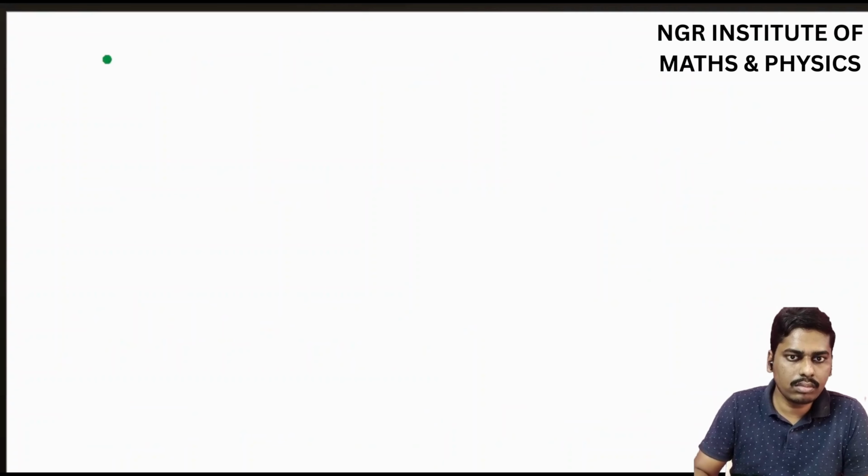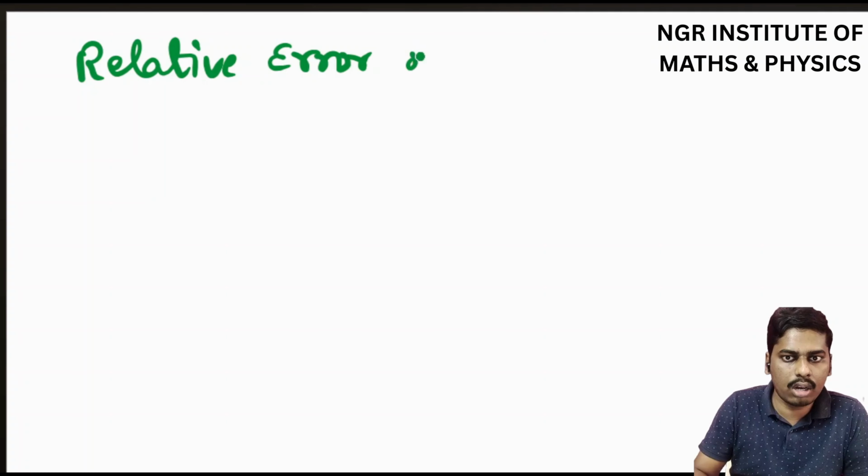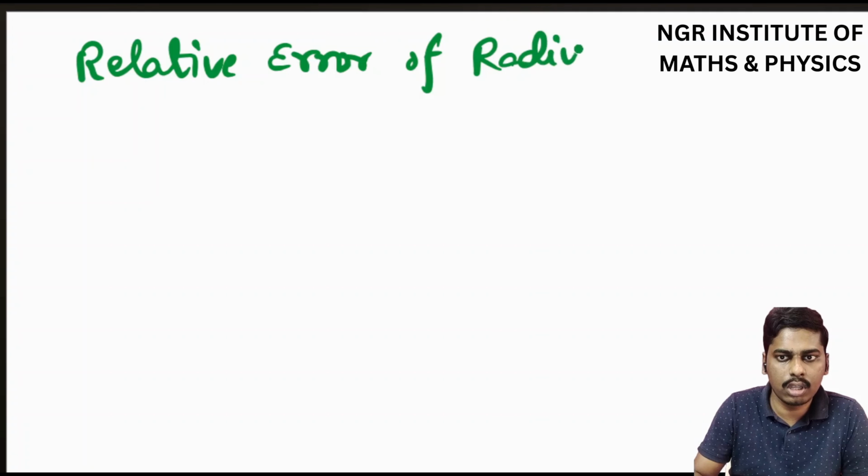And relative error of radius equal to 0.05 divided by 4.